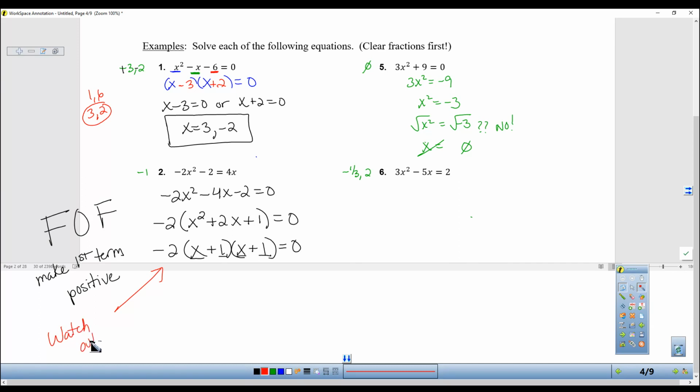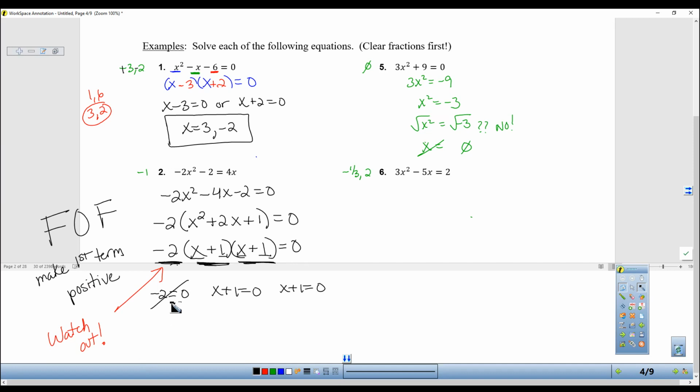Sometimes kids give me the answer x is equal to 0. That would be wrong. There's 3 factors. Either negative 2 is equal to 0, or x plus 1 is equal to 0, or x plus 1 is equal to 0. One of these 3 things has to be equal to 0 to make 0 as an answer. My good news for you, it's not this one.